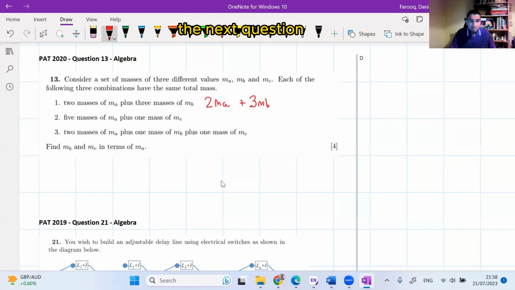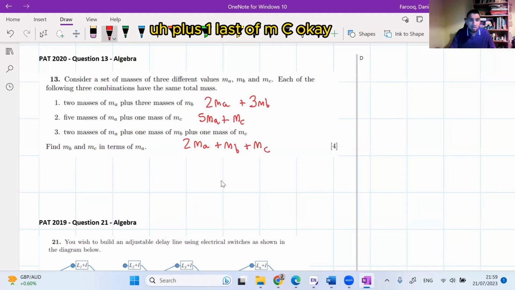The next one, 5Ma plus 1Mc, that will be 5Ma plus Mc. Two masses of Ma, so that will be 2Ma plus one mass of Mb plus one mass of Mc. Okay. Now it says find Mb and Mc in terms of Ma.